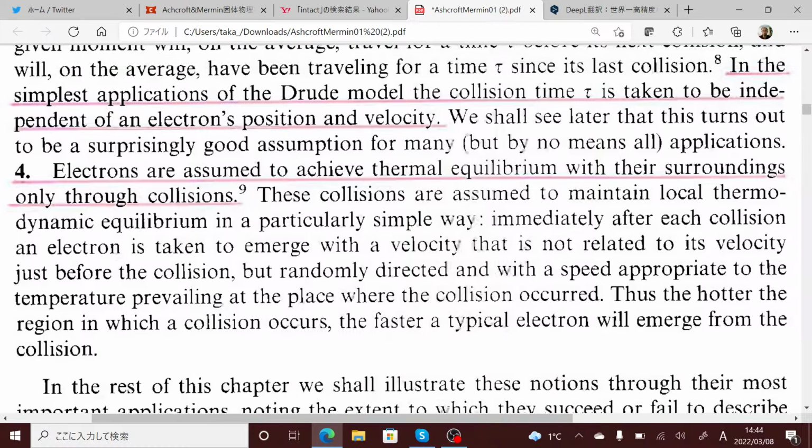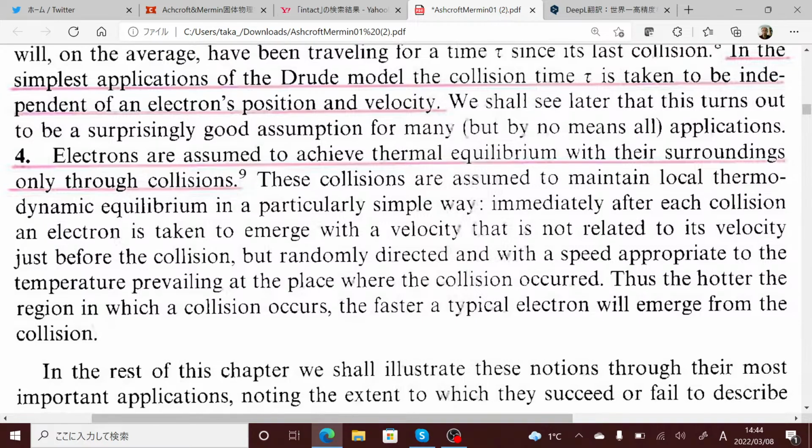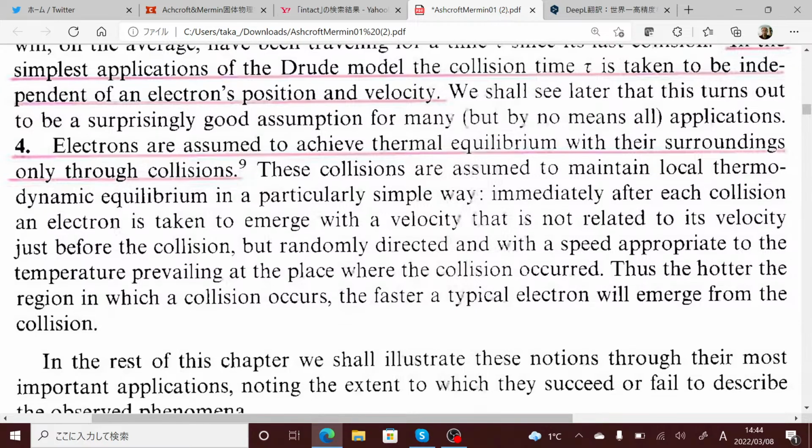Number 4. Electrons are assumed to achieve thermal equilibrium with their surroundings only through collisions. These collisions are assumed to maintain local thermodynamic equilibrium in a particularly simple way.